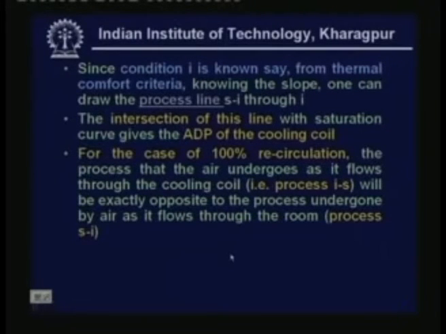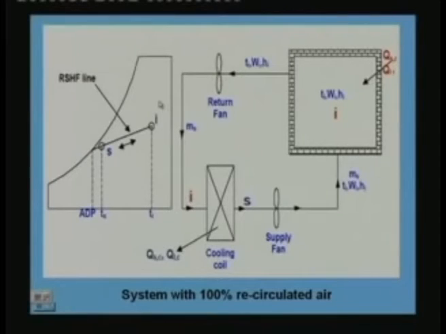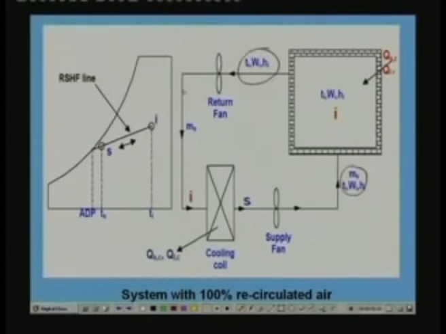For the case of 100% recirculation, the process that the air undergoes as it flows through the cooling coil, that means process IS, will be exactly opposite to the process undergone by air as it flows through the room, that is process SI. That means what is happening to the air as it flows through the conditioned space, as it moves from this point to this point, will be exactly opposite to what is happening to the air as it flows through the cooling coil.